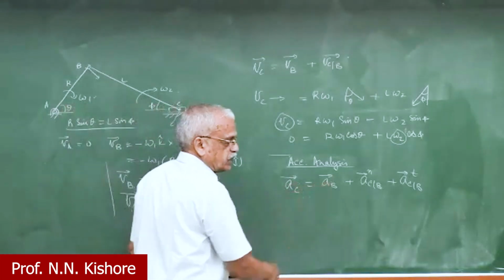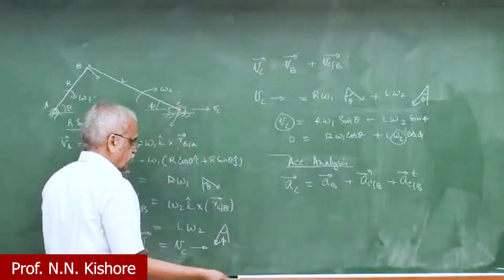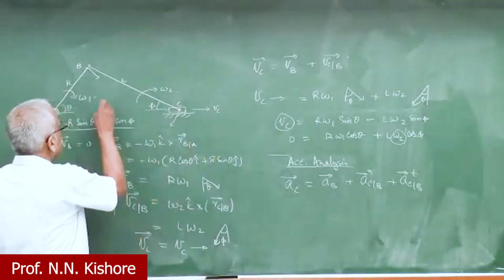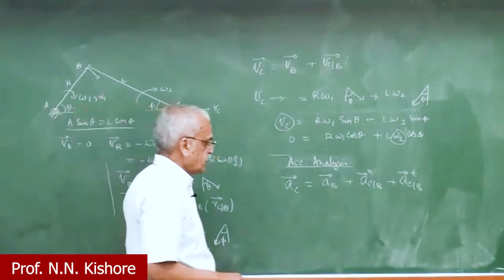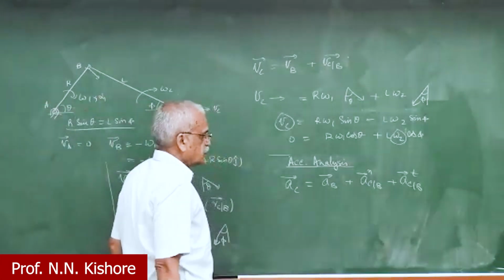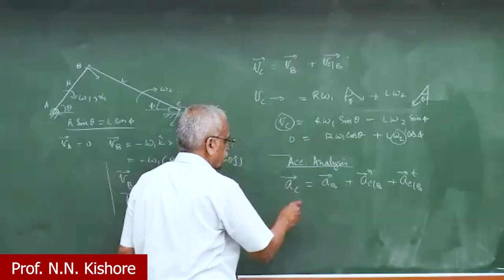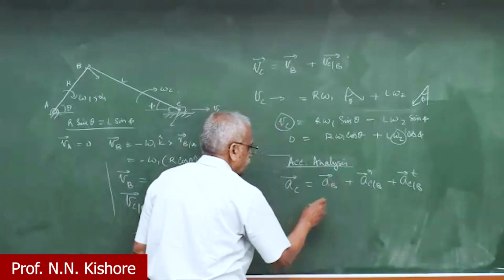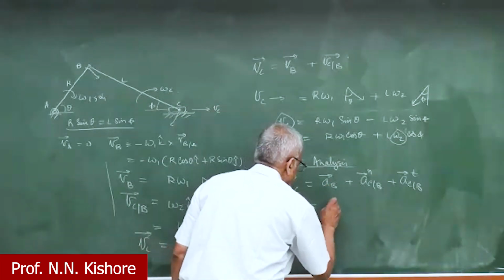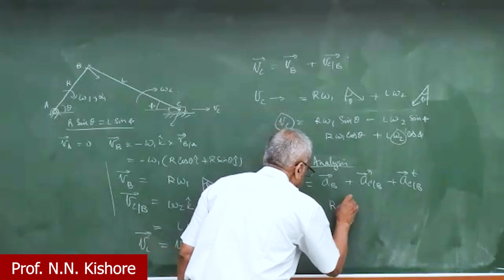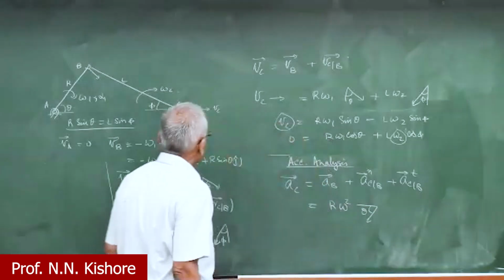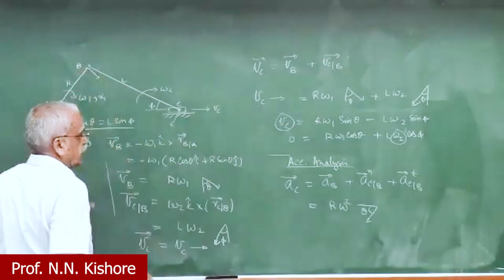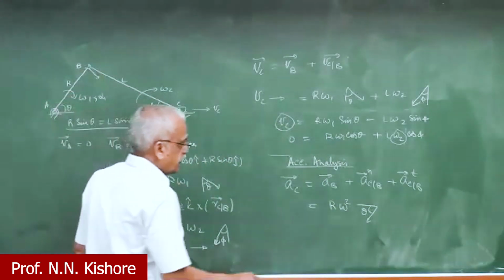It may have alpha 1 here, or maybe 0. If your alpha 1 is 0, then this is R omega squared, at an angle of theta, directed from B to A. I can show it like that.